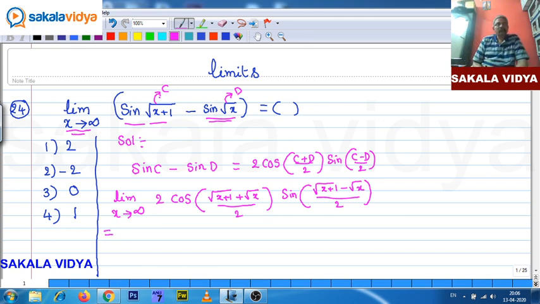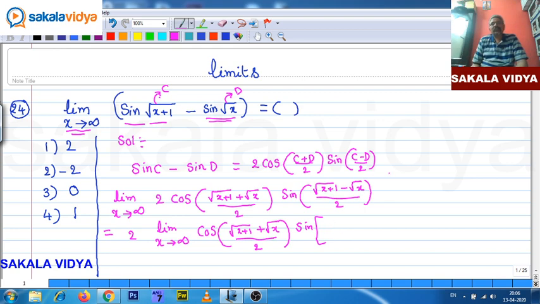Now take 2 common, limit x tends to infinity, we can write this as cos of (root of x plus 1 plus root x) upon 2. And here one interesting factor you need to remember, we need to rationalize the numerator. Separately, I will do (root of x plus 1 minus root x) by 2.